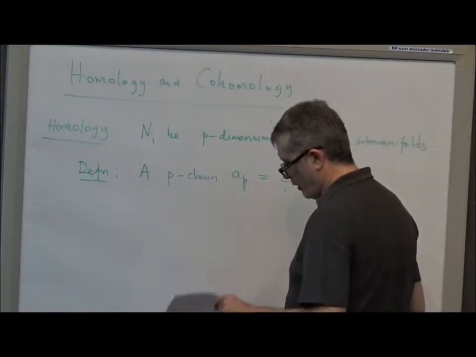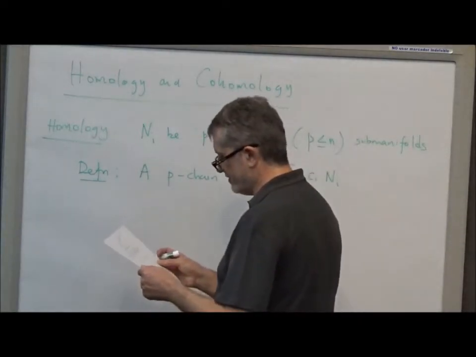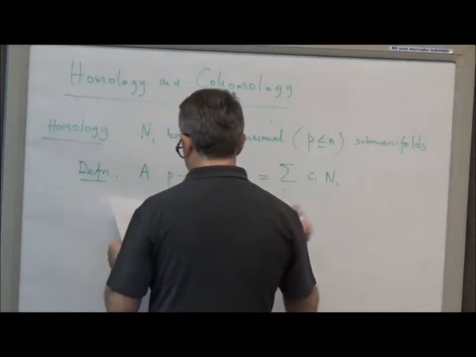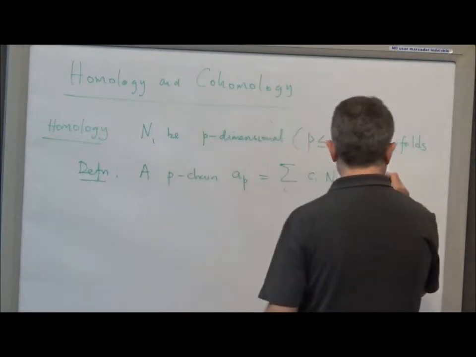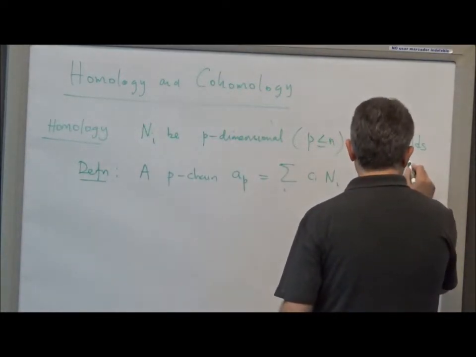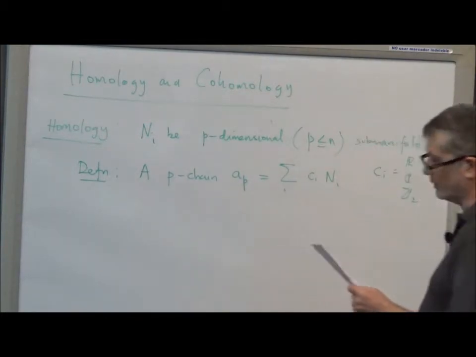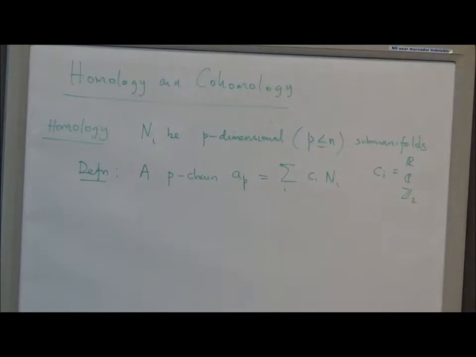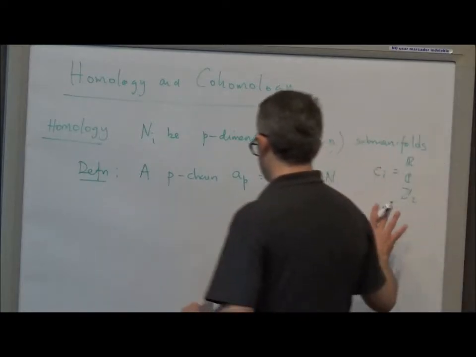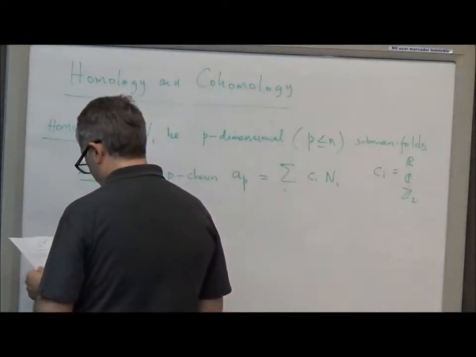And I can allow for coefficients, so c_i could be basically R, C, Z2, Z, whatever you like. We'll fix some choice of these, and then we have that.